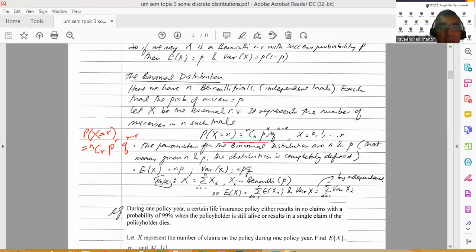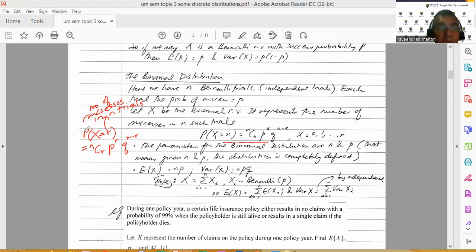And what are the values that R can take here? R here stands for the number of successes in N trials. So please be careful.